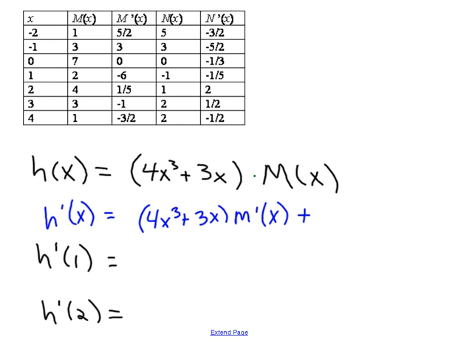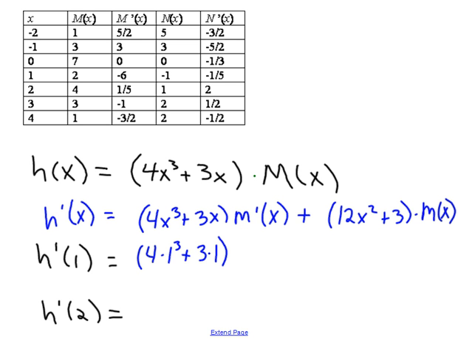So I now take the derivative of the first function, which is 12x squared plus 3, times m of x. All right, and now I just plug 1 in there, and I plug 2 in there, and I get my numbers. So if I put 1 in here, literally there's no table to look at. You just stick 1 in for x.